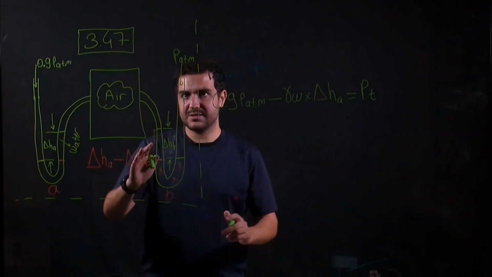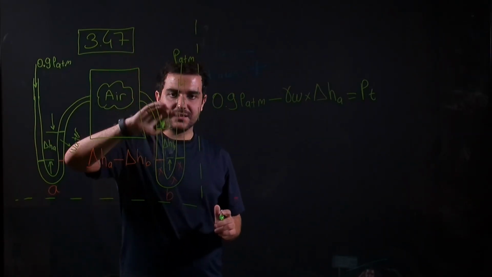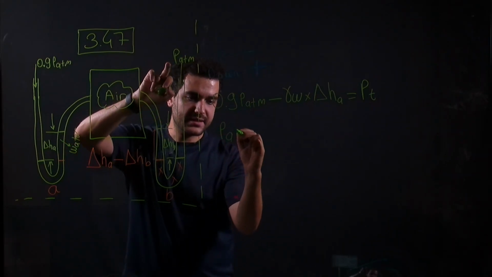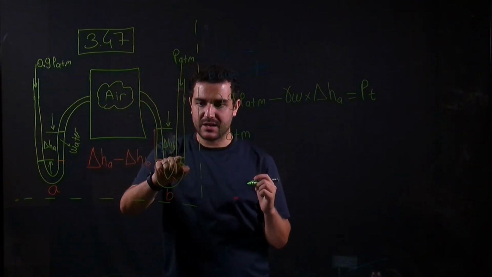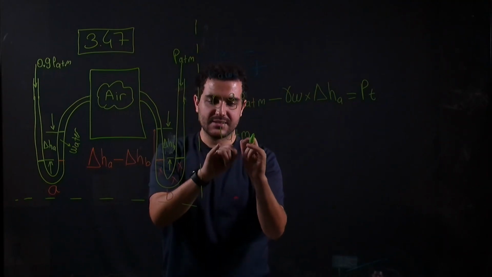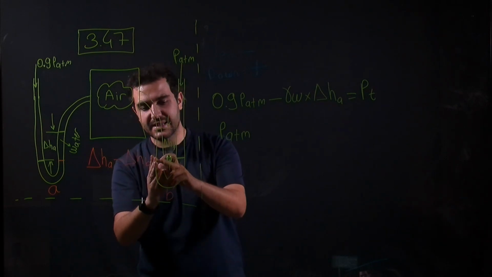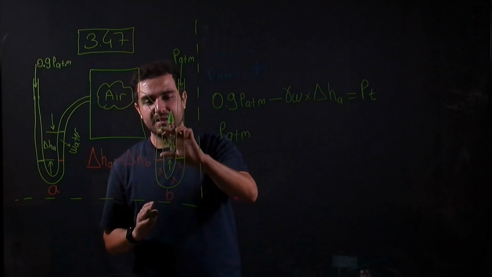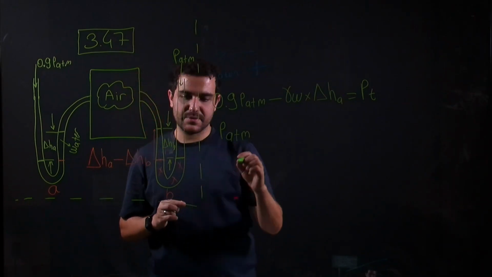On the other hand, we have this right leg with 100 kilopascal. Again, similarly, we will start with PATM. We are going down and we are coming here. Until that point, we don't have any fluid, so we can just stick to this value. Then we skip to this leg, since we will have the same pressure at this point. And then we have this water height, which is delta HB.